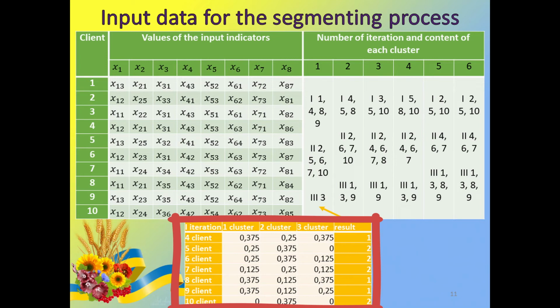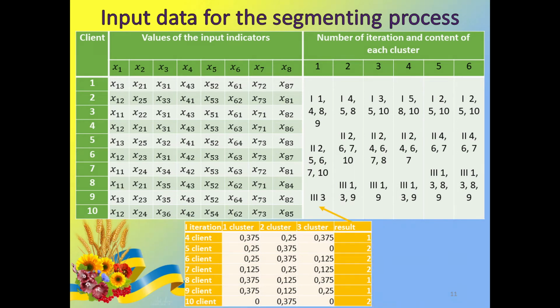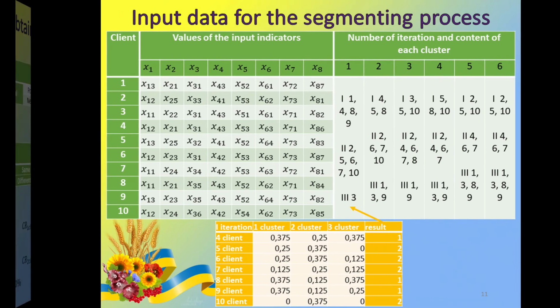It is a base for defining the belonging of each client to one of the clusters. The next step is to calculate new cluster centers. After 6 iterations, the cluster centers have stabilized. Analysis of the obtained data has confirmed the proposed hypothesis about the division of the target audience into 3 segments.